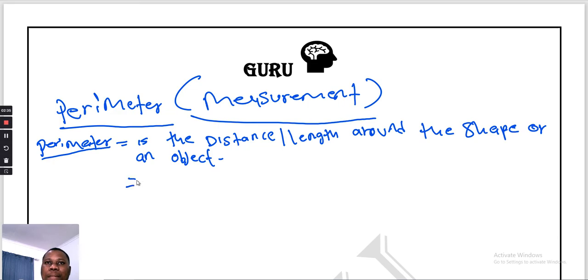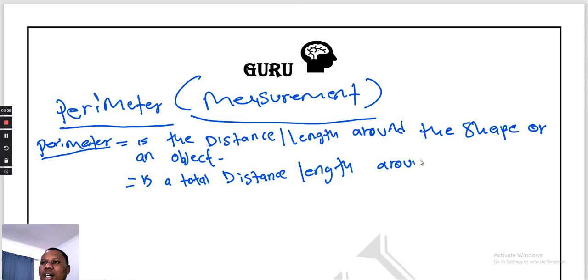Someone can also say a perimeter is the total length around a 2D, a two-dimensional shape.